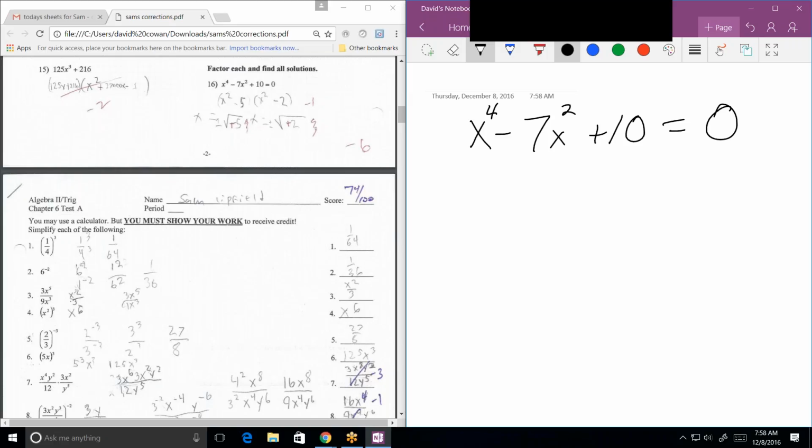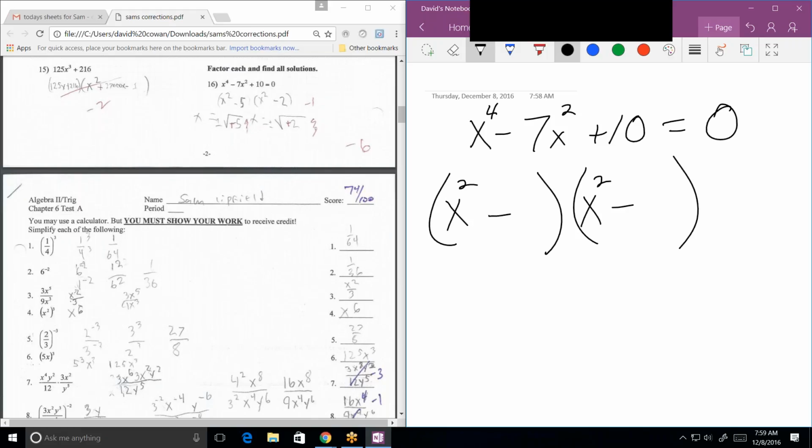I'm going to treat this like something squared because it factors. If I break the x to the fourth apart, if I treat it like a quadratic, I'm going to do that first. Both signs have to be negative.